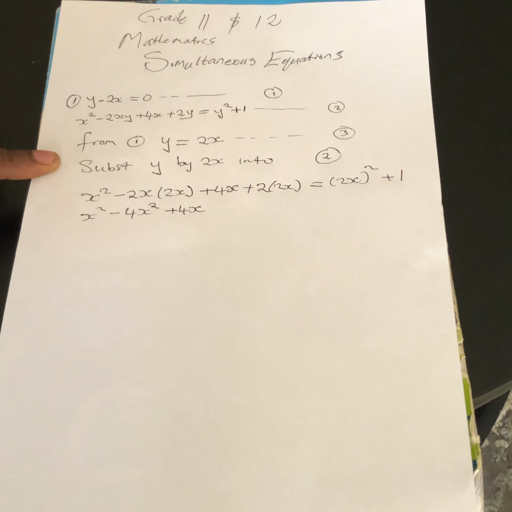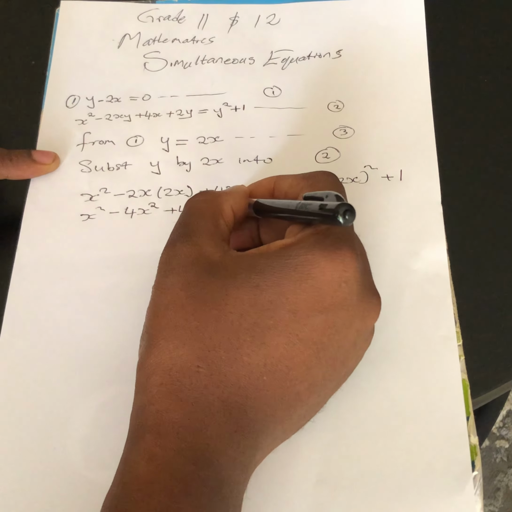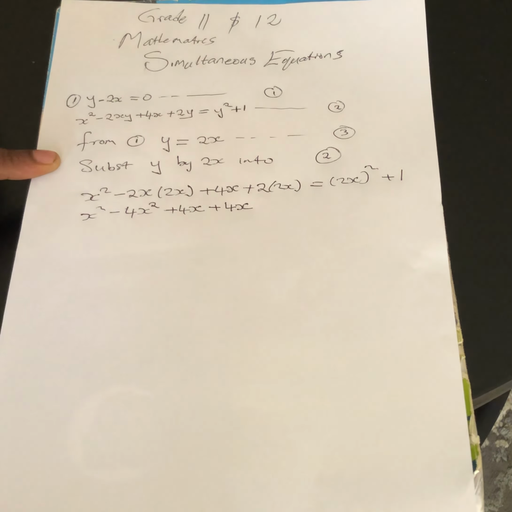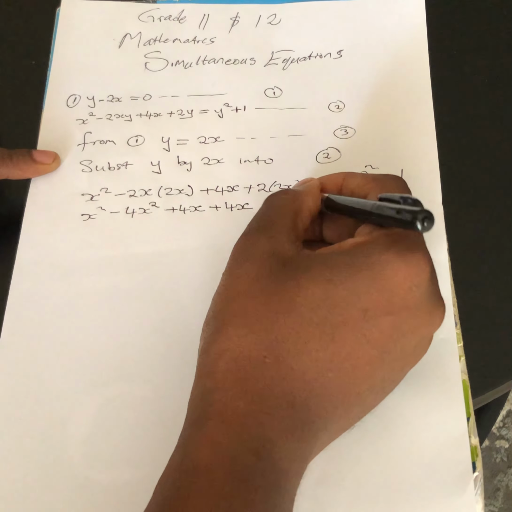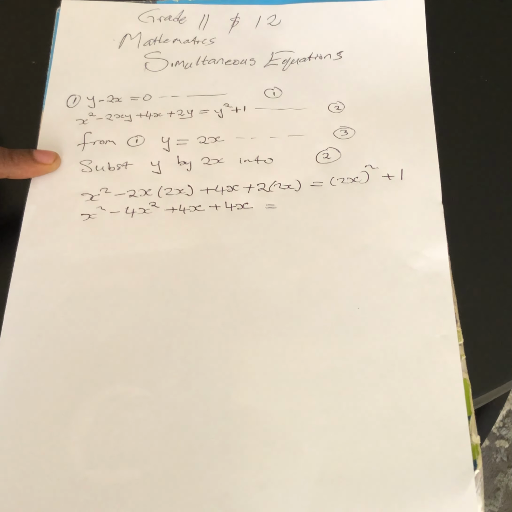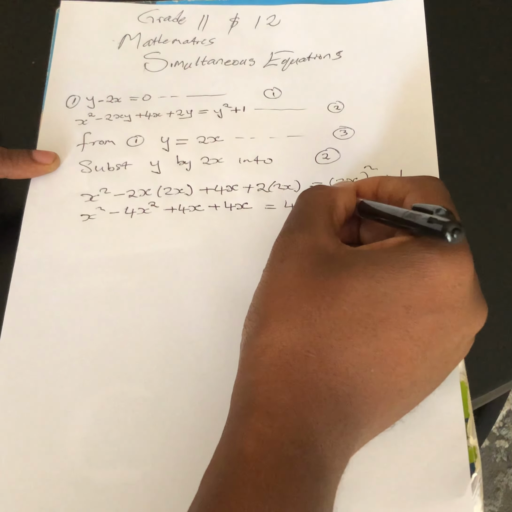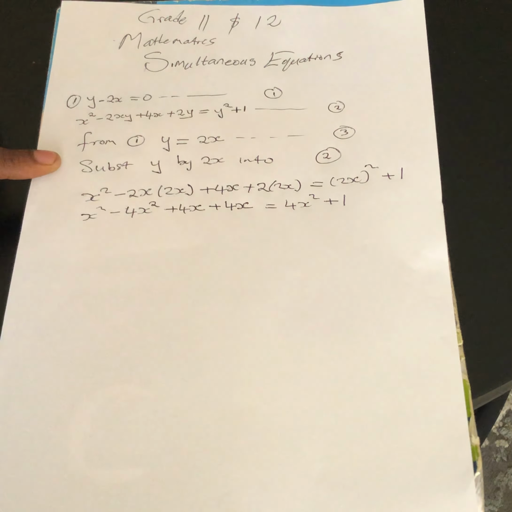And then you have plus 2x multiplied by 2. The answer is going to be plus 4x is equal to, in brackets, we have 2x to the power 2. The answer there is 4x squared plus 1.